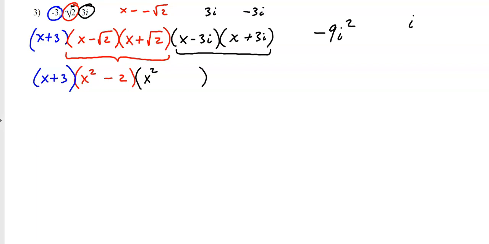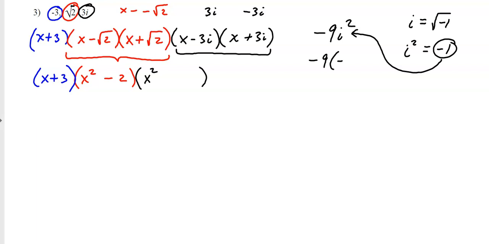Remember that if i is the square root of -1, if I square both sides, i squared equals -1. So I'm going to substitute in this -1 for this i squared. So instead of i squared, I'm just writing -1, which ends up being a positive 9. So this makes this really nice to where my i's disappear.